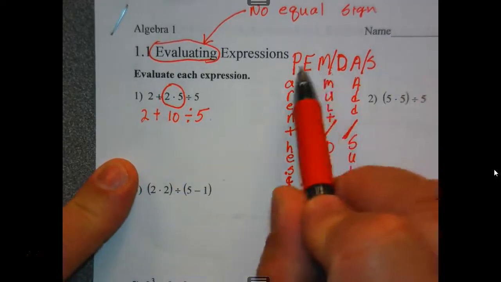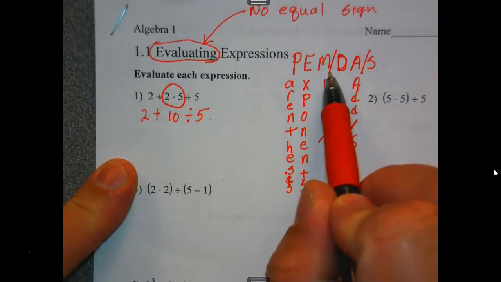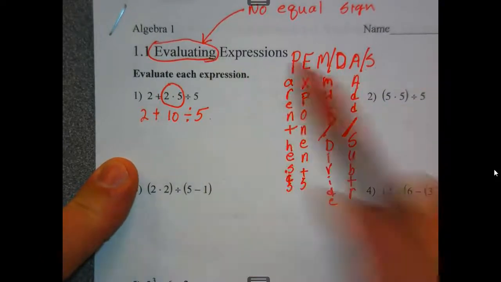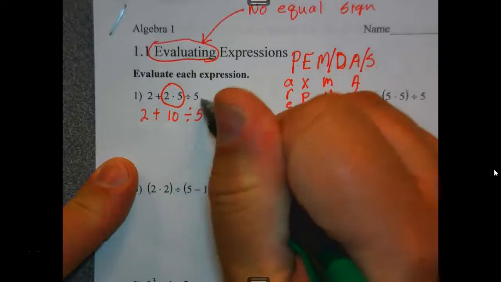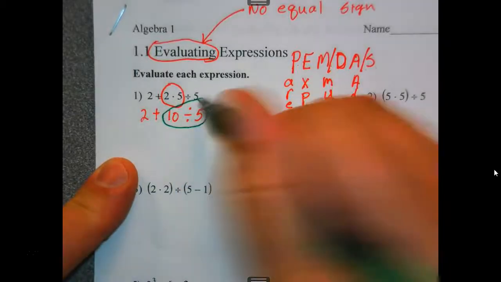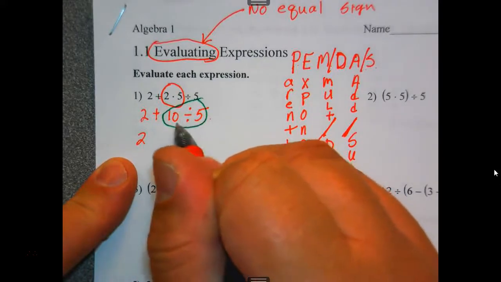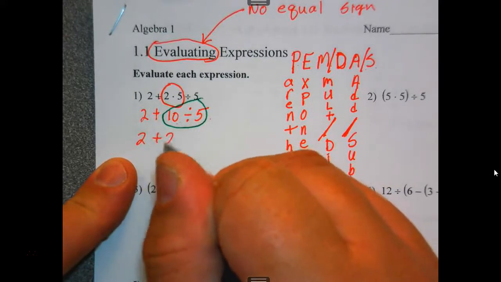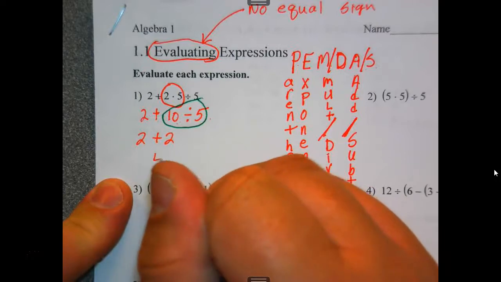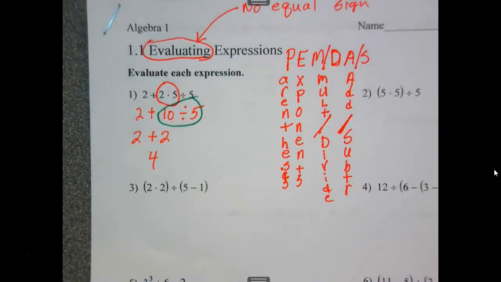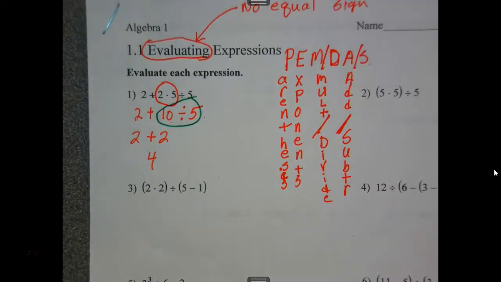But we're not at the end, so we're still at multiplication and division. We have to do this first. 10 divided by 5 is 2. Now I can do the 2 plus 2. That's why I tell students, try to do one step at a time.